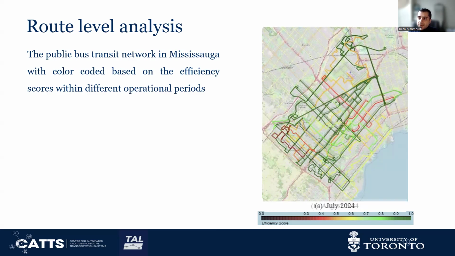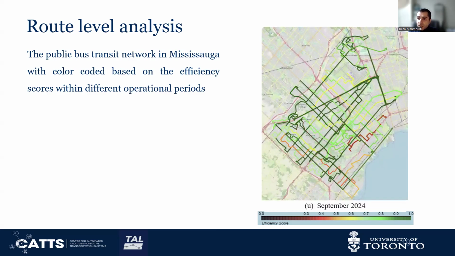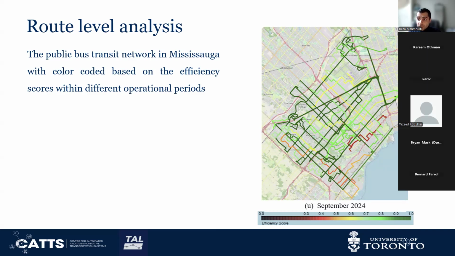As you can see, we are experiencing a huge amount of fluctuation in the performance of transit routes during these almost 2 years, emphasizing the importance of conducting multi-period performance evaluation instead of doing our analysis just for a specific time period and making long-term decisions just based on that specific operation period.